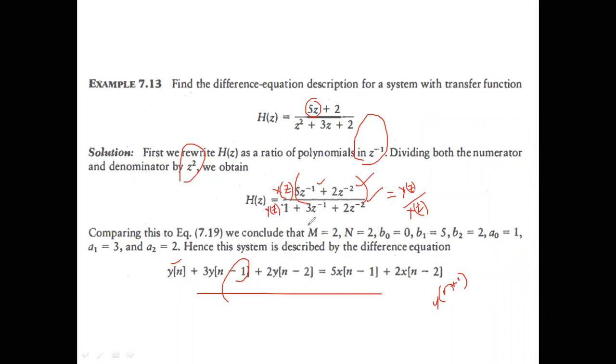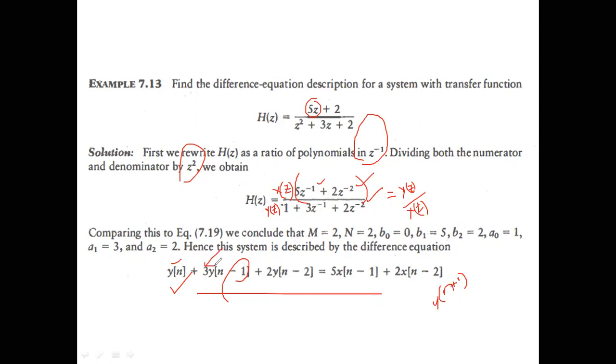So what do we have here? y of z plus 3z to the power minus 1 into y of z plus 2z to the power minus 2 into y of z. If I take the inverse, what do I get? I get y of n. 3 remains a 3, right?